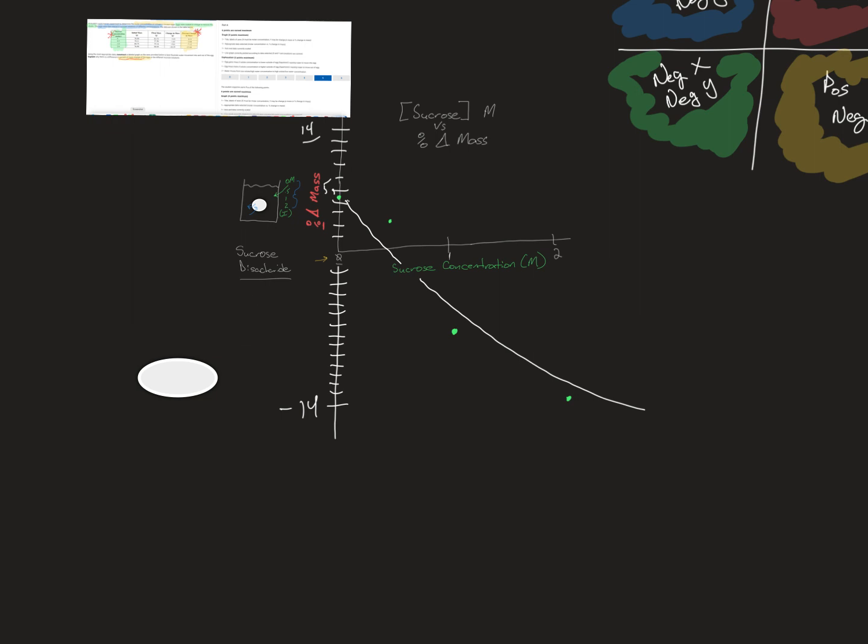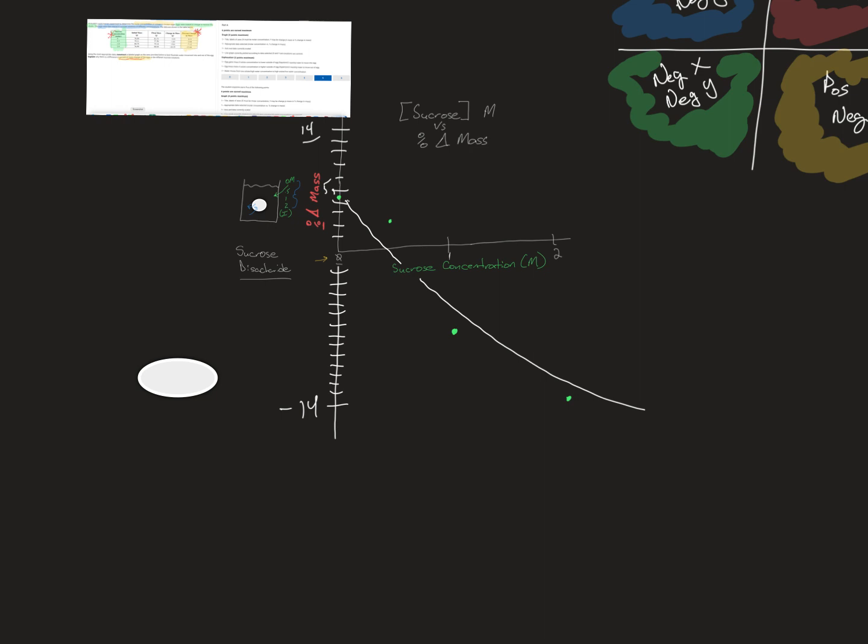So I had an egg. That egg was losing water. It was shrinking because, why was it shrinking? Because my concentration was higher than the isotonic.